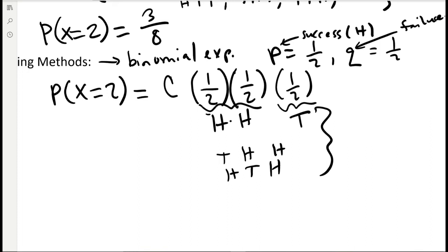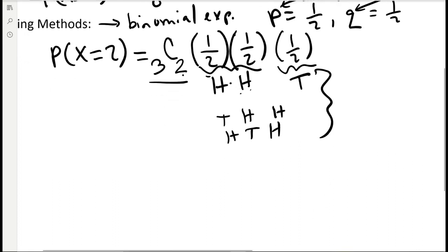So you have 3 coins, and you're choosing 2 of them to be heads. So the number of ways in which you can get 2 heads is going to be 3 choose 2. So that's how you find the total number of ways here. And notice that 3 choose 2 is going to be equal to 3. All right, so that's how you get this.